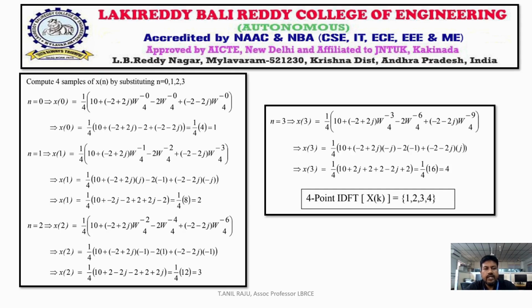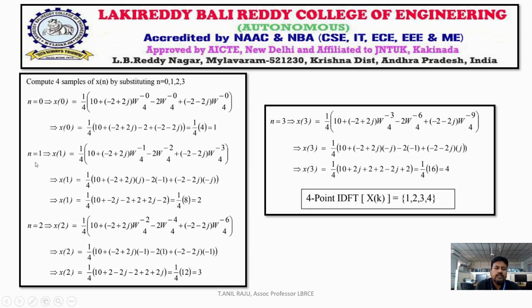Then we will find for every value of n by substituting 0, 1, 2, 3. Here if you see, for n value 0, if you substitute we get a value of 1. That means for the nth sample, n equal to 0, x of 0 is 1.